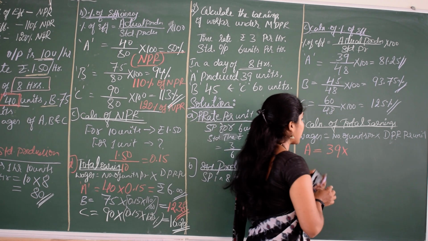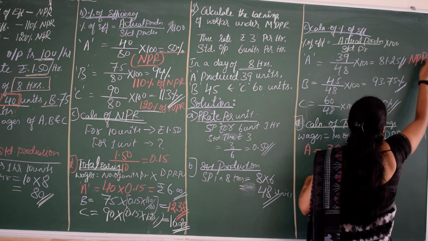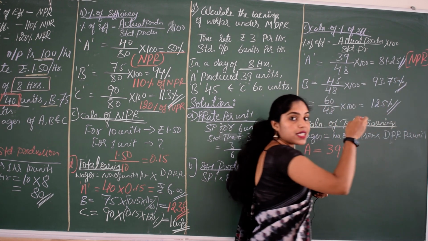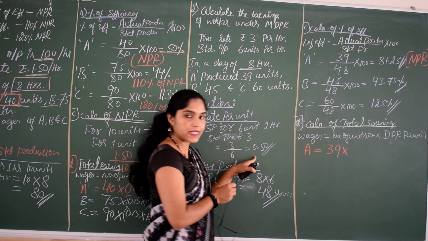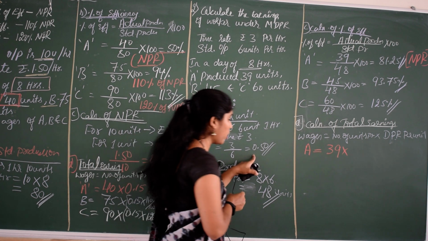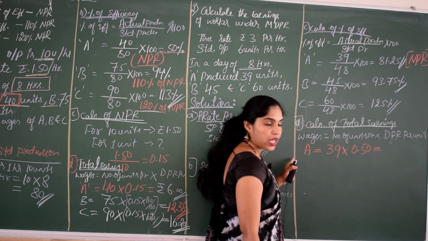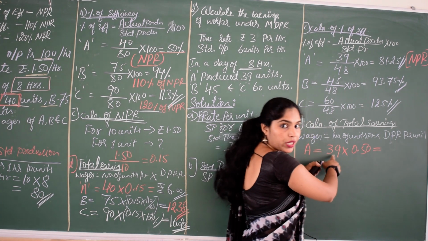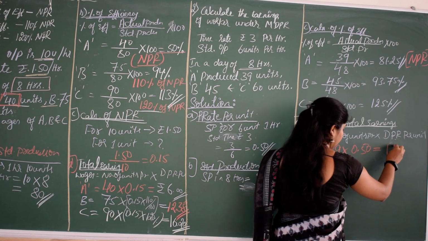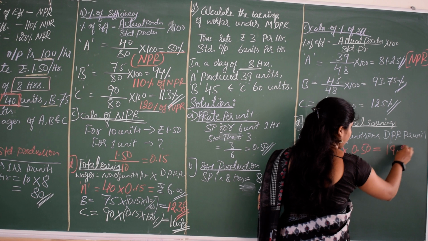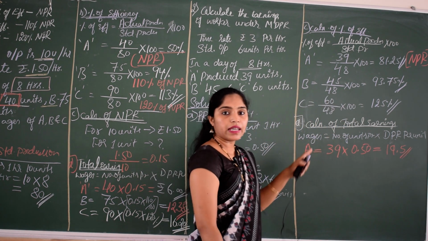So A is going to get normal piece rate, which is 0.50, or 50 paise. So 39 into 50 paise, A is going to get 19.5. So 19 rupees 50 paise is A's total earnings.